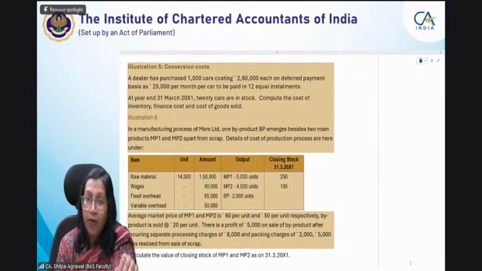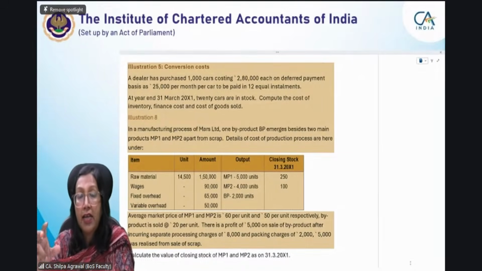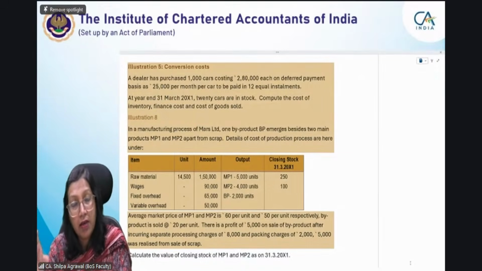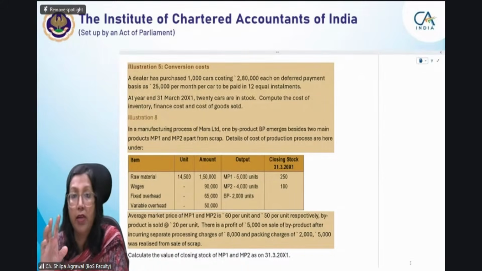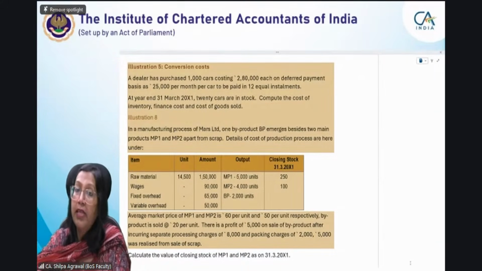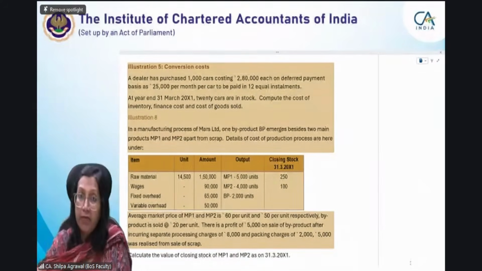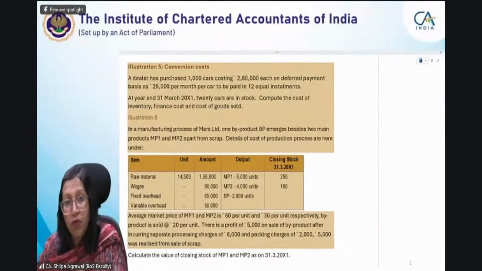However, if you find that equipment can be used for any other machine also, or it can be substituted, in that case the borrowing cost which is incurred to buy that equipment will not form part of the inventory, because it is not directly related. That equipment will be used for many other processes also, or in other words, the main machine can be used without that equipment also.